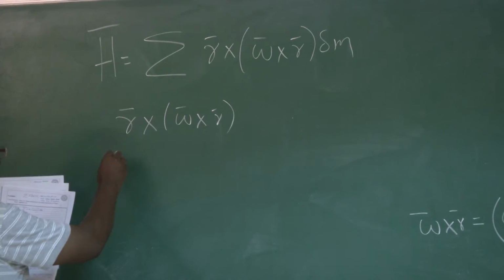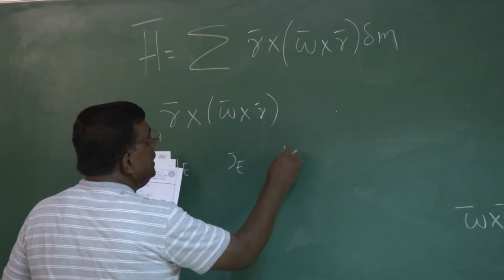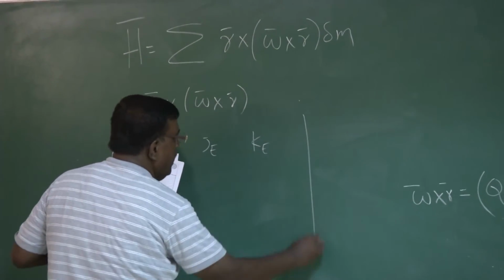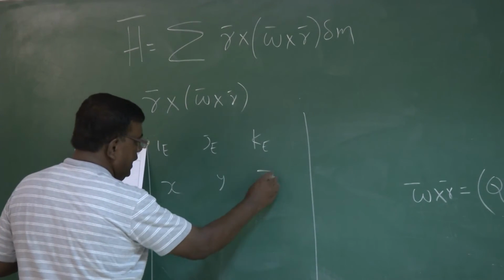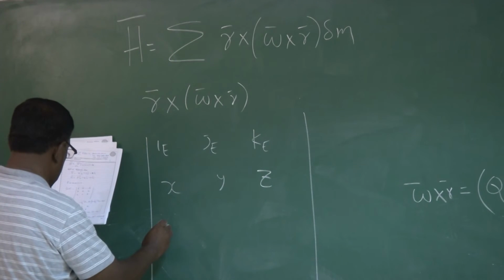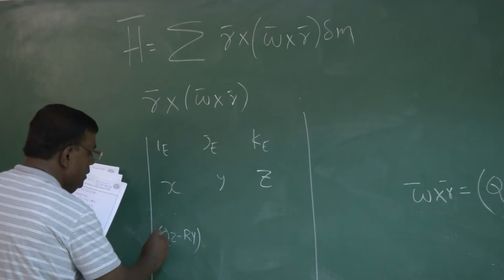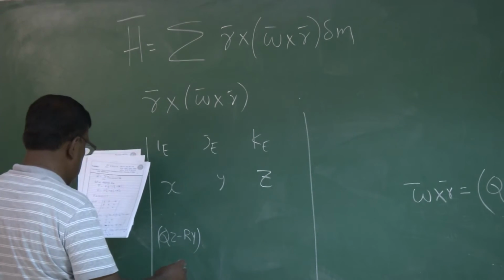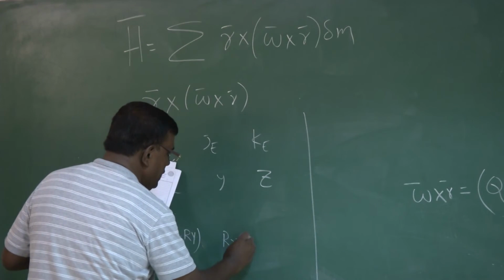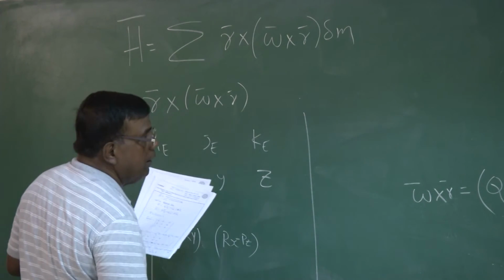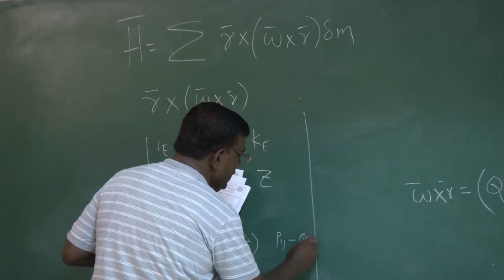So it will again be Ie, Je, Ke, and then x, y, z, and then qz minus ry, then rx minus pz, and then py minus qx.